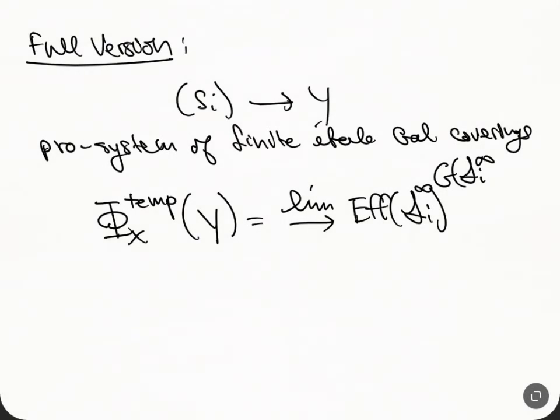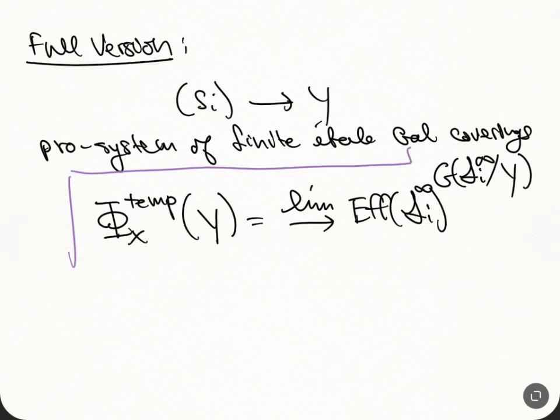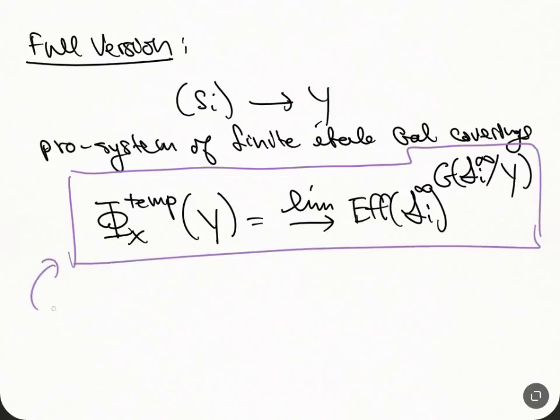Again, this was defined before. So this is the important monoid here. Let me pick a color. Okay, so this will be the monoid for tempered Frobenioids.